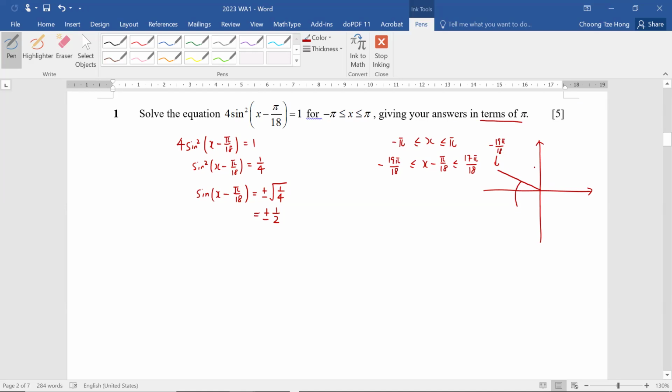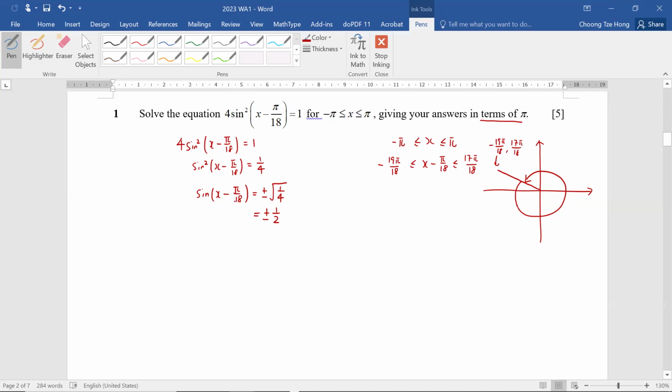This line represents negative 19 pi over 18, and we search in this direction. Then 17 pi over 18 is actually the same line, but in the positive direction. So essentially we are searching through this whole range, still one whole round, from negative 19 pi over 18 all the way to positive 17 pi over 18.